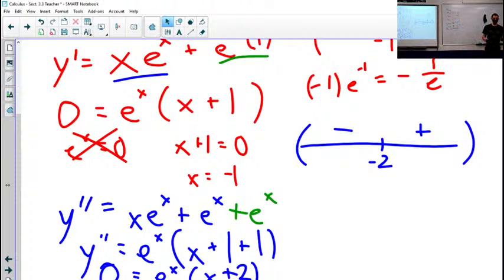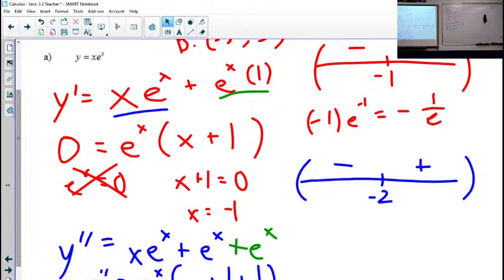So while I get the rest of this here, I don't even need an XY grid. I just want you to try and come up with a rough sketch of this curve. And the features we're looking for are that we're decreasing and concave down until we hit our point of inflection at -2.